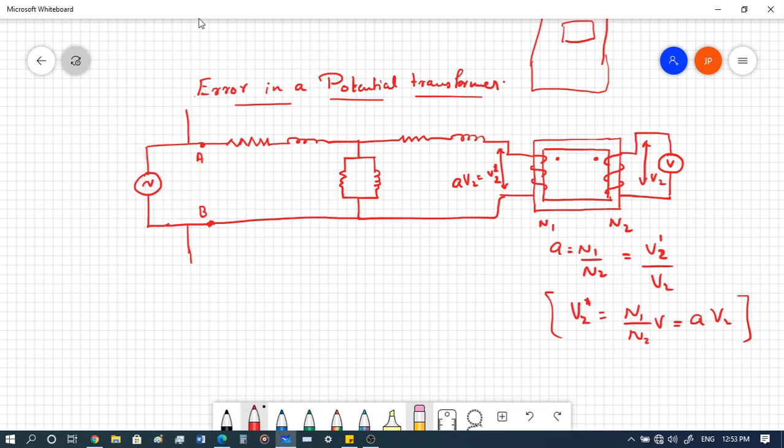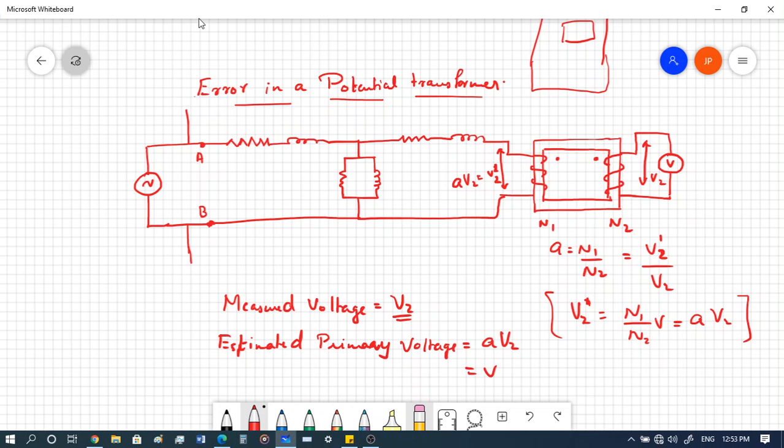So here the measured voltage over here is V2, and the estimated primary voltage will be equal to A times V2, which is equal to V2 dash.